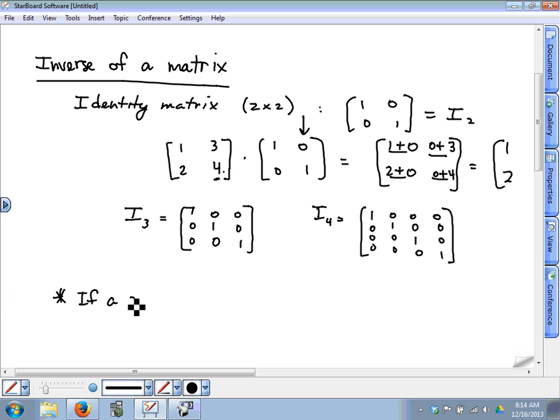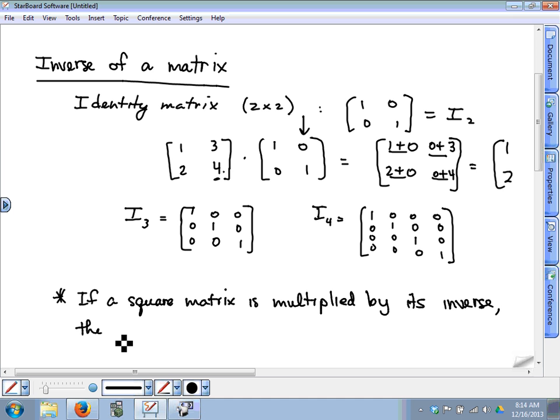If a square matrix is multiplied by its inverse, the result is the identity matrix. So far we have not discussed how to find the inverse yet, and that's not the point of this first objective. That's the second objective.